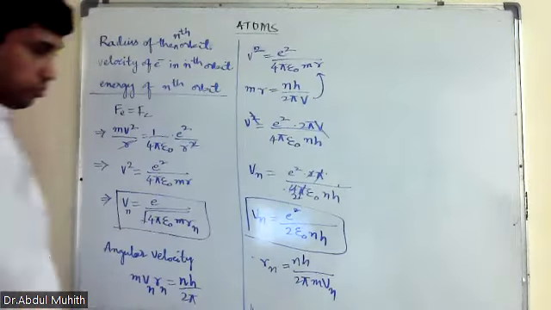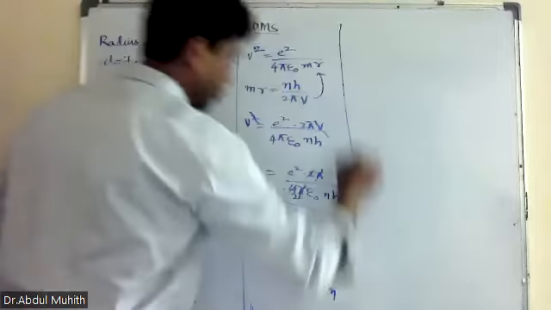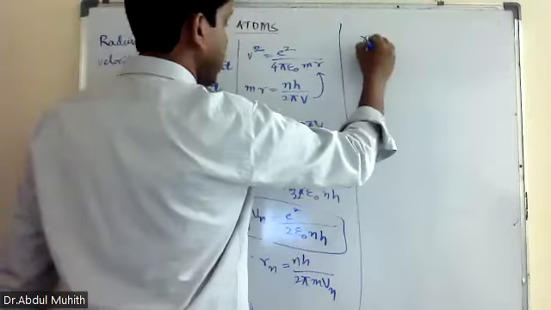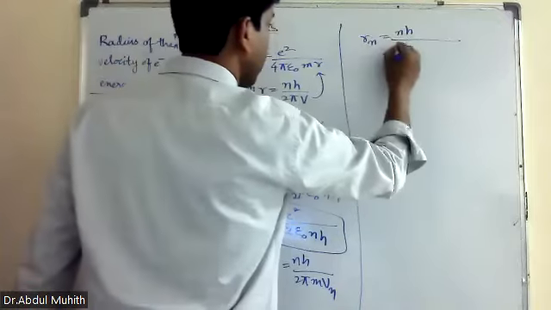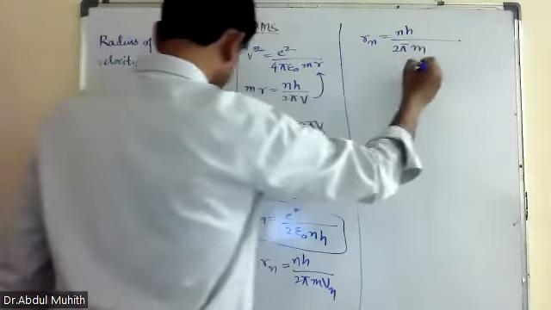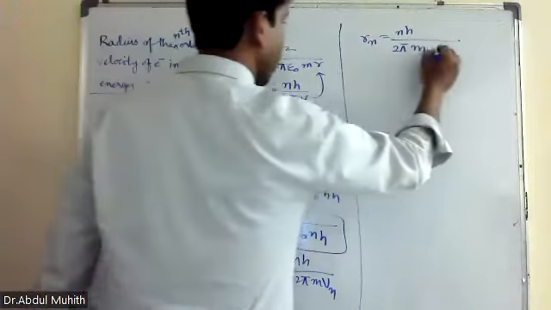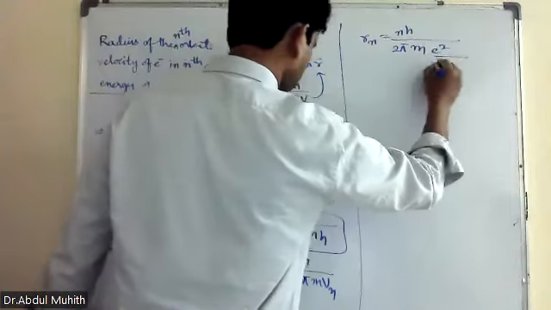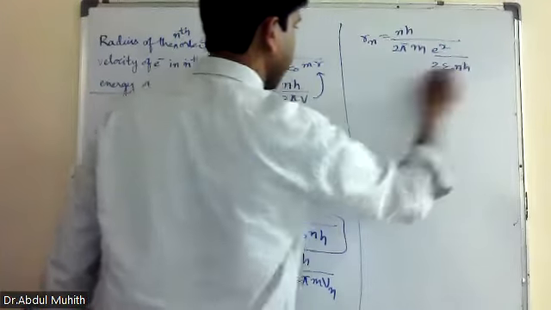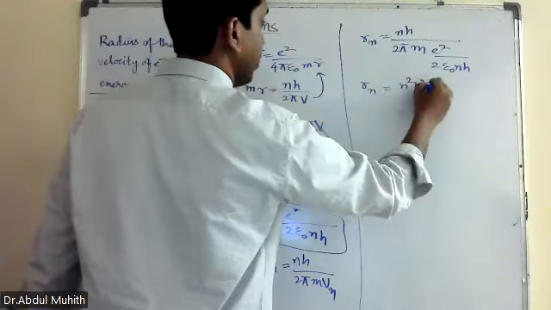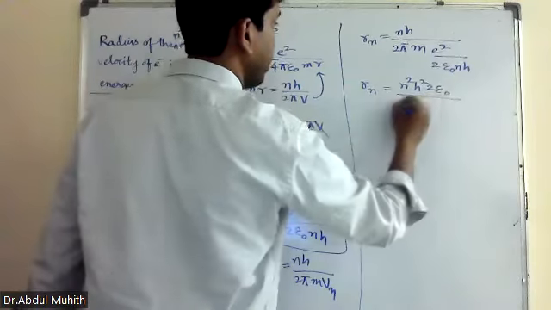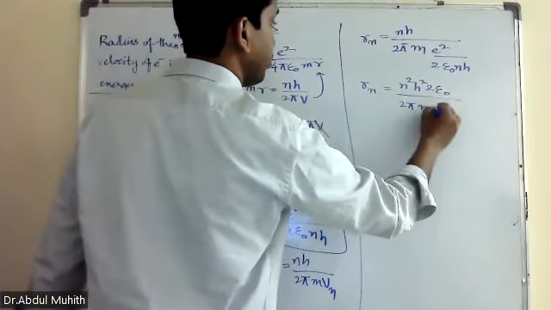So rn is equal to n into h divided by 2 pi m vn. What is vn? E square by 2 epsilon 0 nh. Rn is equal to n square h square 2 epsilon 0 divided by 2 pi m into e square.